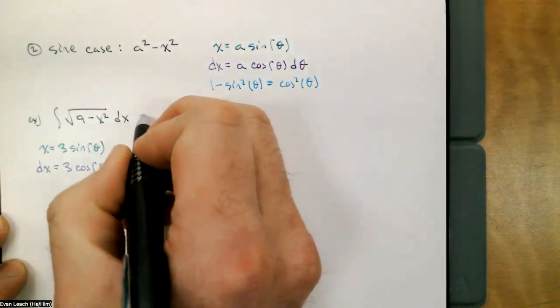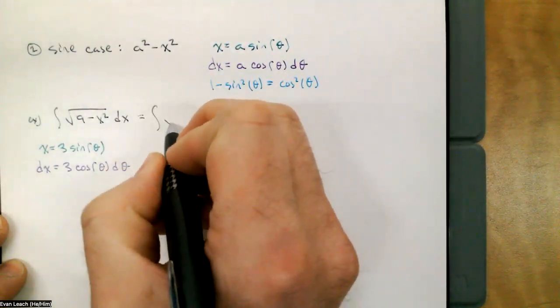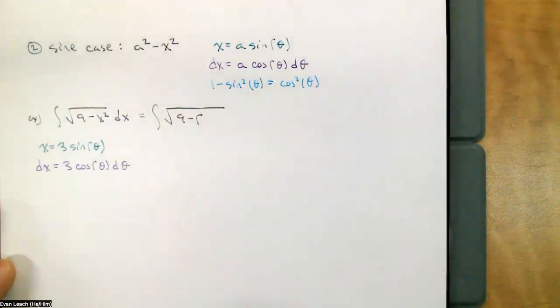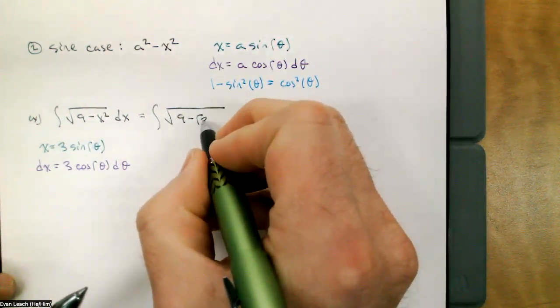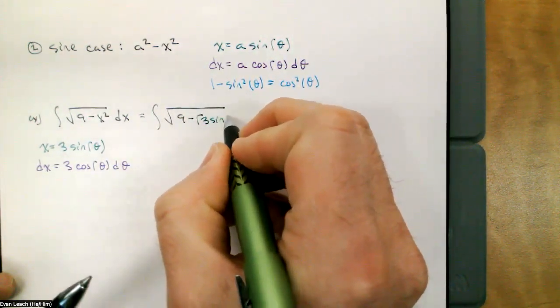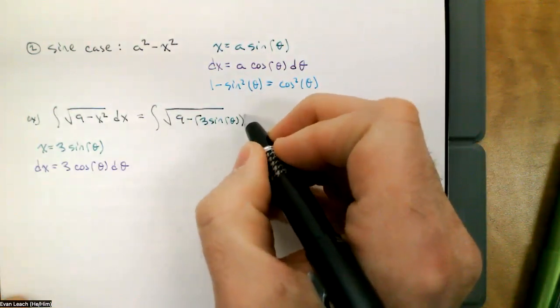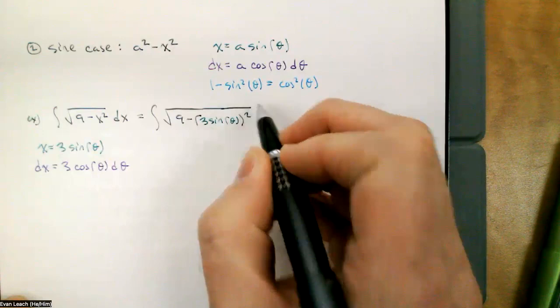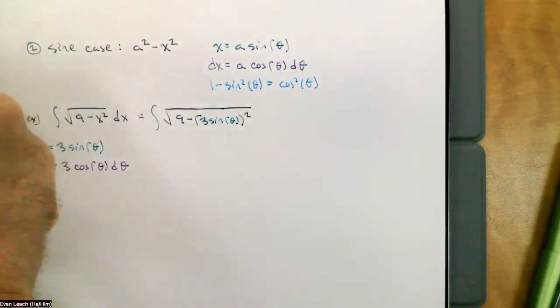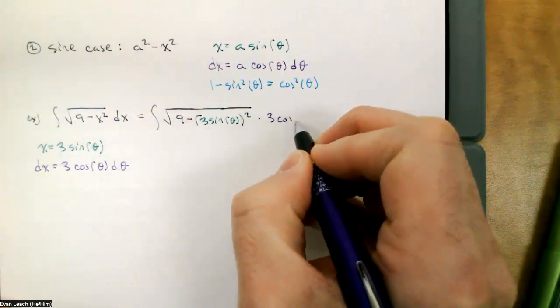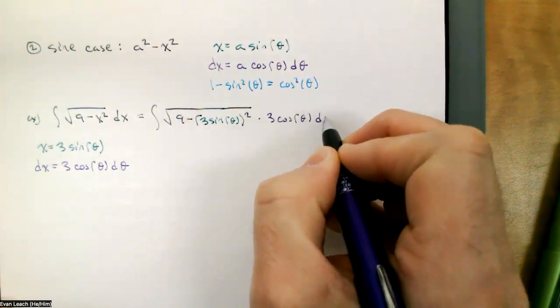Let's make our substitutions. The x gets replaced with 3 sine theta. That's all being squared. And the dx out there needs to be replaced with 3 cosine theta d theta.